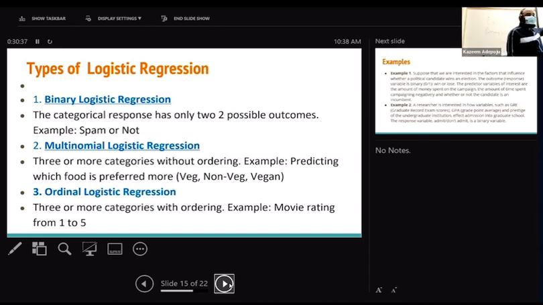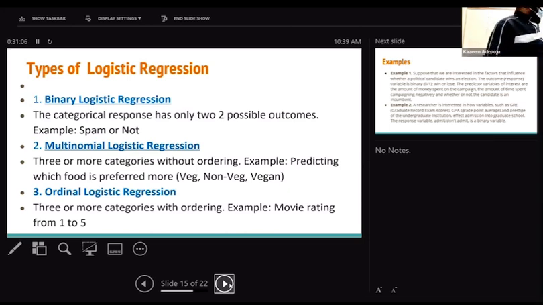And like I said, we also have multinomial logistic regression, in a situation where you have more than 2 categories. And we also have ordinal logistic regression, which is when you order. If you take a look at multinomial, we're talking about 3 or more, but they are not ordered.